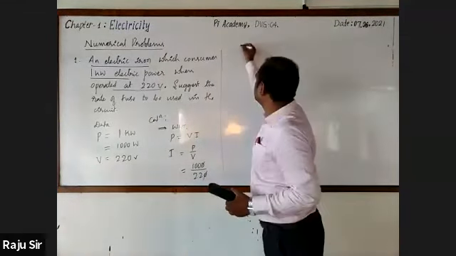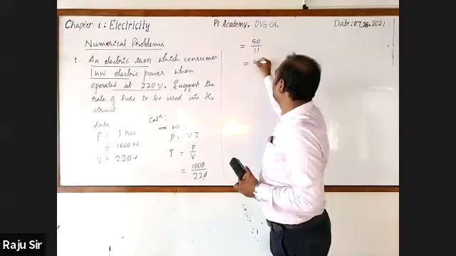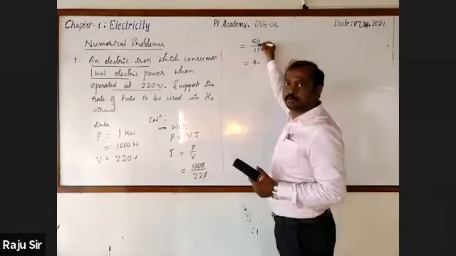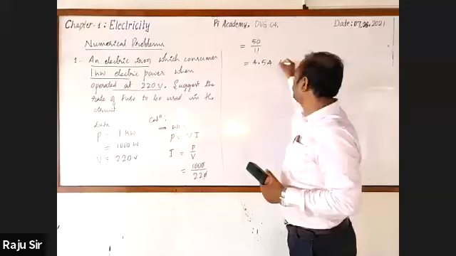Now this is equal to 50 by 11. It is equal to 4.54 amps.